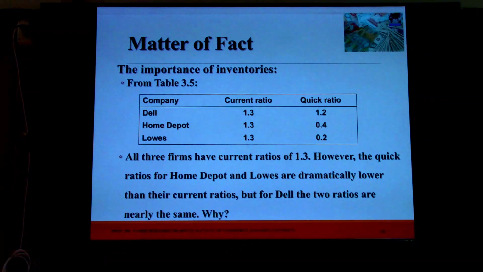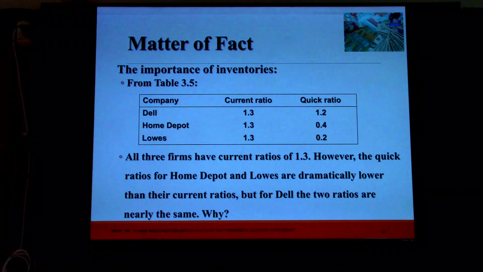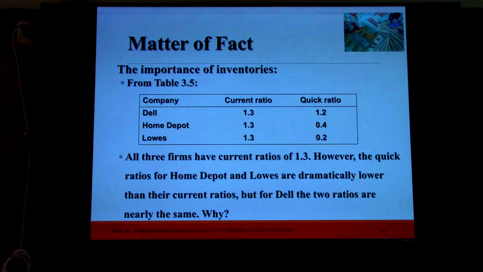If we only depend on the current ratio in assessing the liquidity of these firms, of course we are going to reach a wrong conclusion regarding liquidity. Why? Because the current ratios are equal for the three firms. So if someone bases his interpretation only on the current ratio, he is going to give a wrong indication regarding the liquidity of these firms.